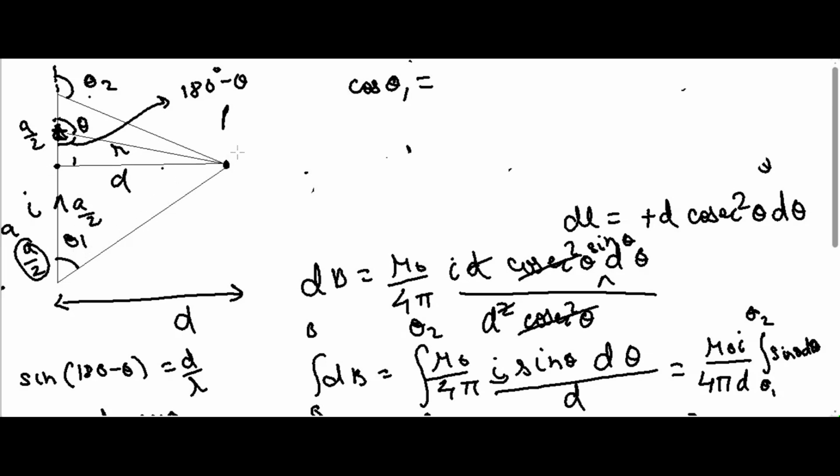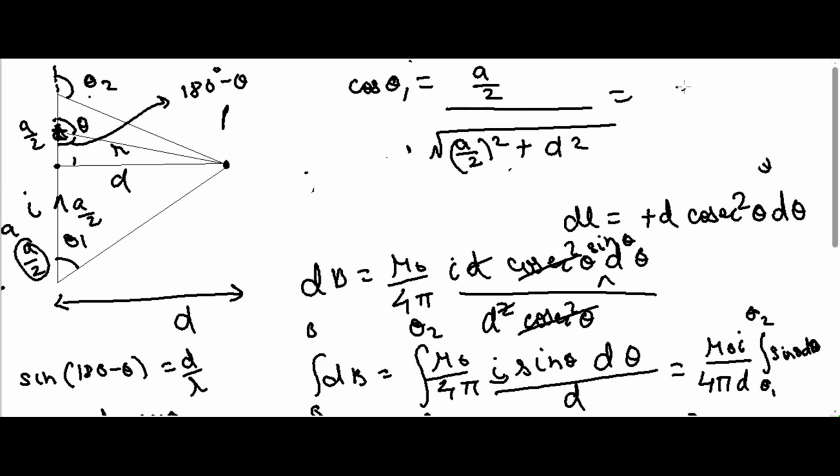We know that this is a by 2, and this will be the square root of this squared plus this squared. So this will be the square root of (a by 2) whole squared plus d squared. If I simplify this, I will get cos theta 1 equal to a by the square root of a squared plus 4d squared.